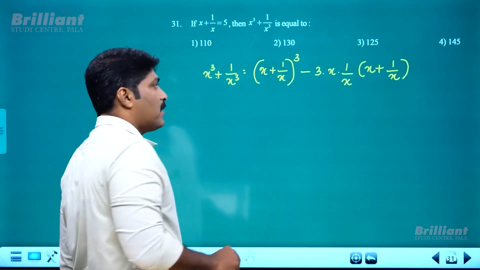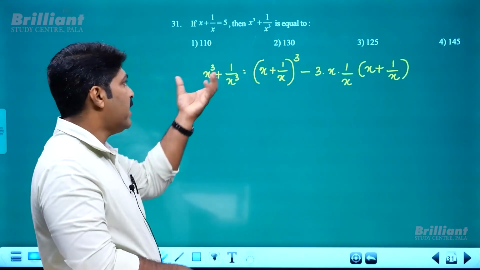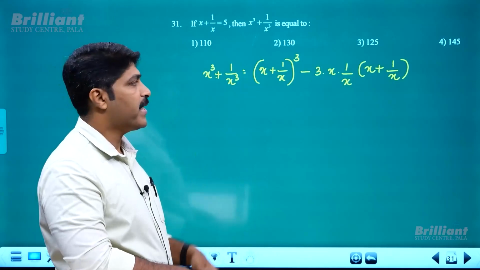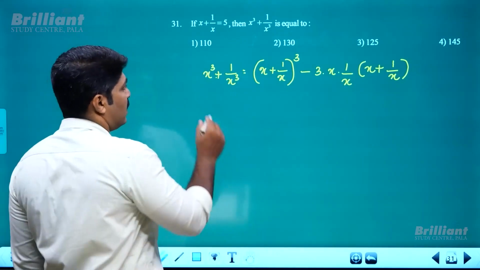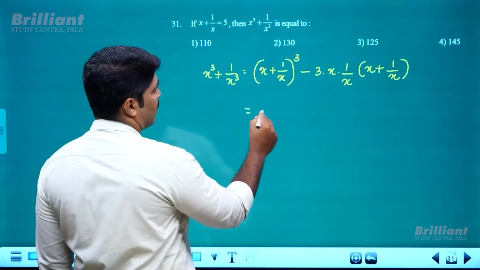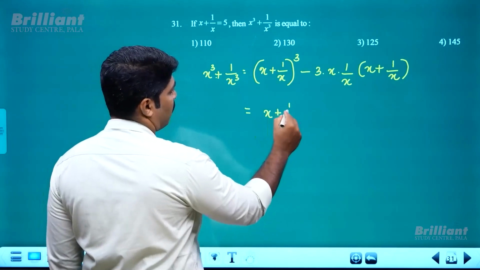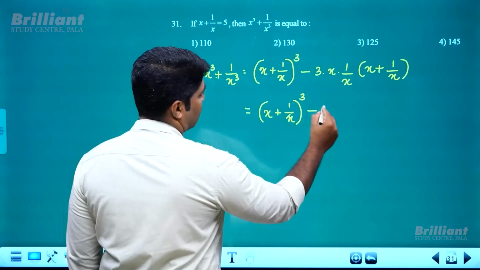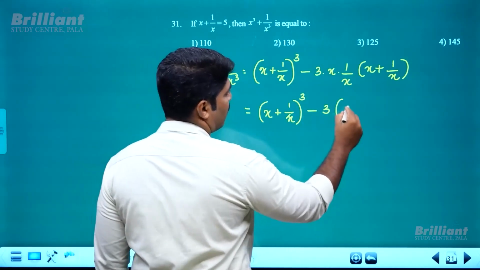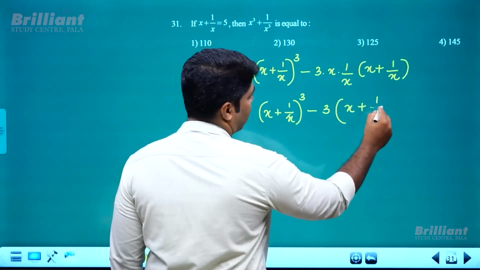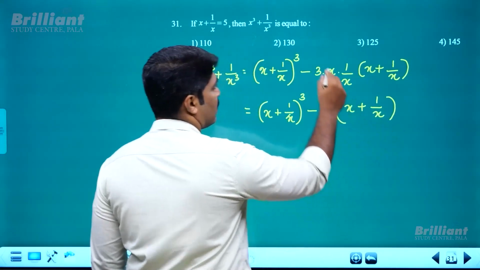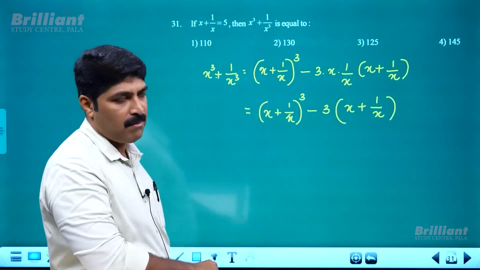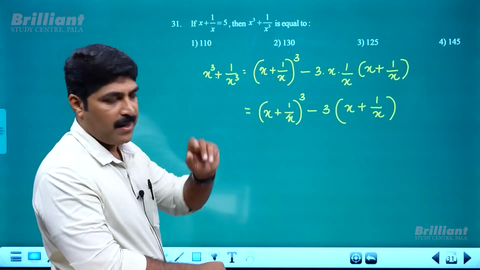Either you can solve the question like this, or otherwise you can simply cube this value. From there also you can get it. So x cube plus 1 by x cube is nothing but (x plus 1 by x) the whole cube minus 3 into (x plus 1 by x), because this x and 1 by x will be simplified there, so that becomes 1.